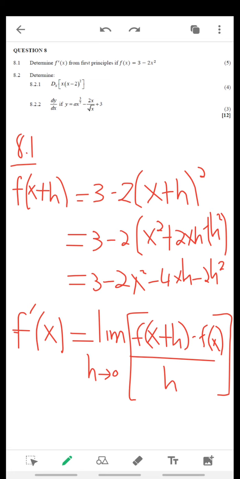Let's go to 8.2. Remember, in session number 1 on calculus, I have explained the different notations, 5 of them that we have in calculus, and we can ask you any one of them in the exam. You need to know how they work.